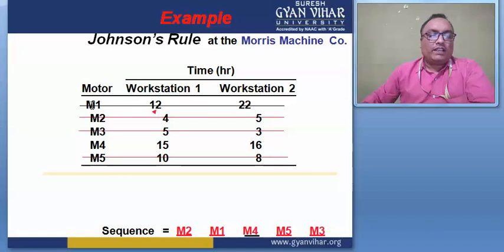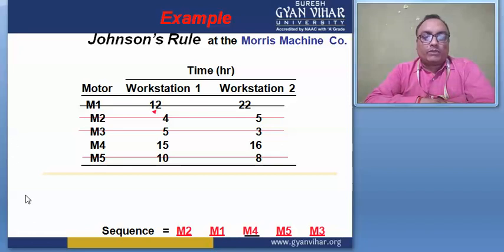So we write M1 here. Then cross this row, and the only remaining element is M4, so I will write M4. So the sequence of this problem is M2, M1, M4, M5 and M3.